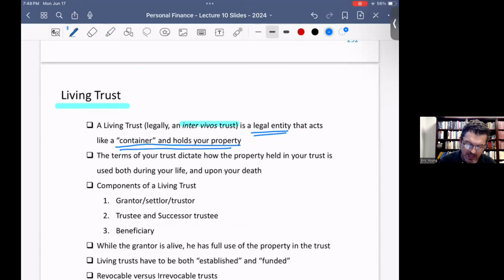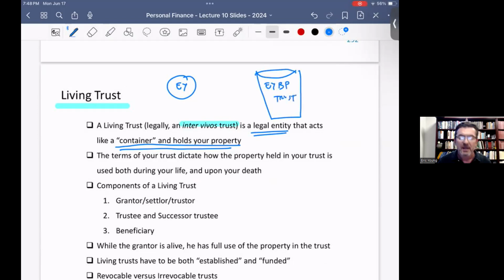So let's say that I am Eric Young. I am a legal living person. That's me in that little circle. If I establish the Eric Young Black Polo Trust, this trust is basically a separate legal entity.